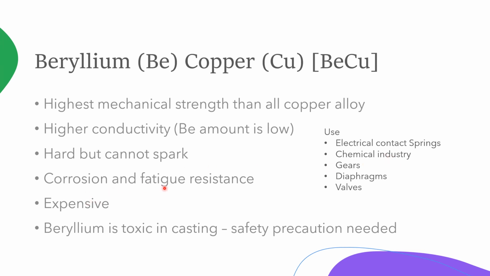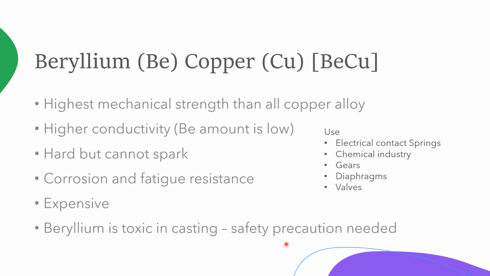They're corrosion and fatigue, that's stress, resistant, okay? But they're not cheap, they're expensive. And they're toxic. When you do casting, beryllium is toxic. Okay, so therefore you have to have safety training and precautions before you cast beryllium copper. Okay, it can kill you.